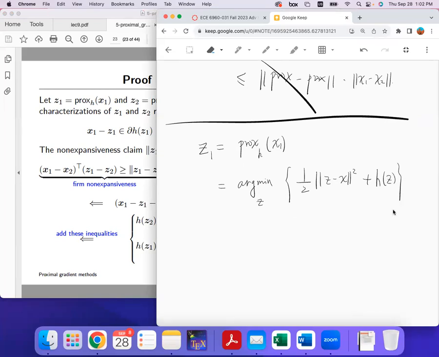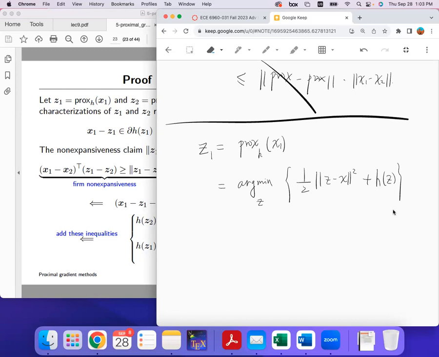Okay, by definition of the proximal mapping. And look at this optimization problem. h is a convex function, and the quadratic term is strongly convex. So the entire problem is strongly convex. And by strong convexity, we know it has a unique minimizer. And that minimizer is what we define as z1.